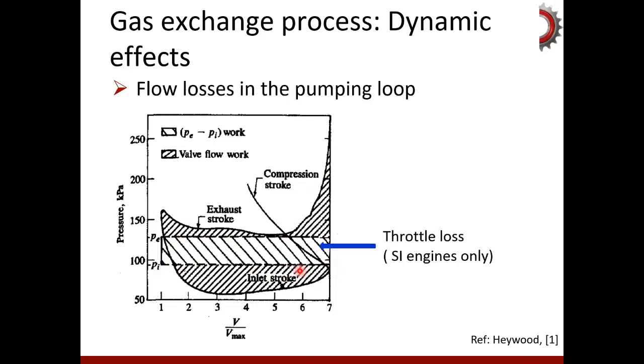The throttle losses are indicated over here, intake flow losses are shown here, and exhaust flow losses are shown in this diagram over here. So those are the three key losses that you can observe in an internal combustion engine.